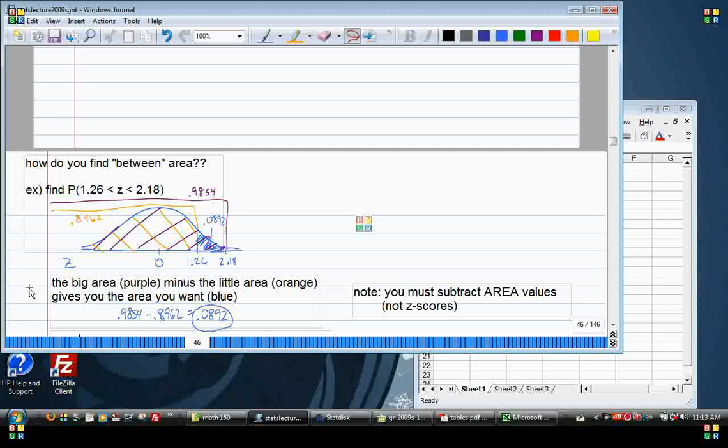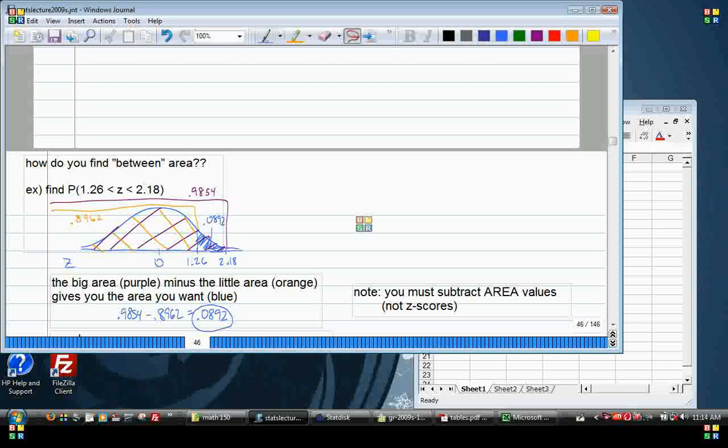What kind of values are those? These are probability values, exactly, Chastity. Now, what happens if we try to subtract z-scores, which is the wrong thing to do? 2.18 minus 1.26 gives you 0.92.